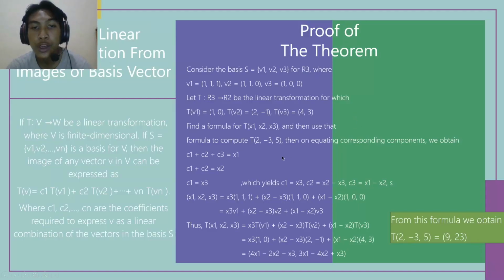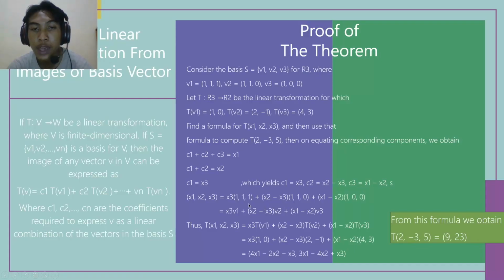And then we insert it into the theorem, where T(x1, x2, x3) equals, this is c1, as we can see is x3, this is c2, as we can see is x2 minus x3, and so on.